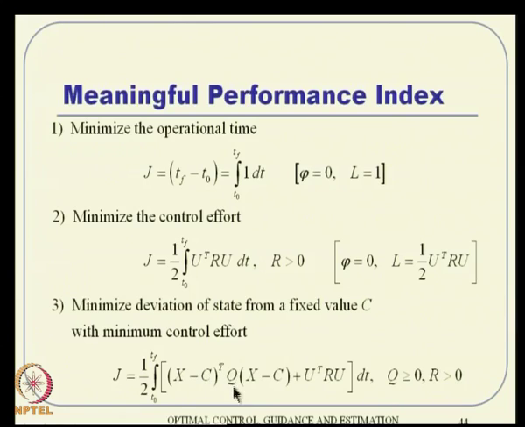So, x minus C transpose Q times x minus C is one term where the error of x with respect to C gets minimized, and then you have U transpose R U where the control gets minimized along the process. Okay. So, you are still having phi equal to 0 and L equal to all these things inside, and along with that the half is there. Typically, this half does not play a major role, but it actually helps us to simplify the algebra later.